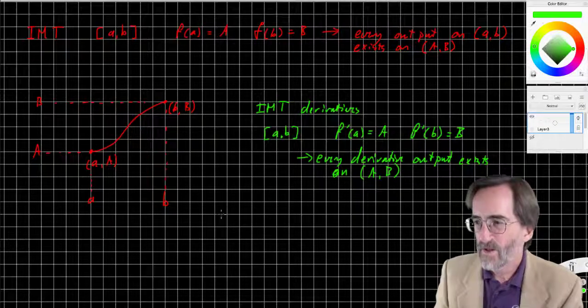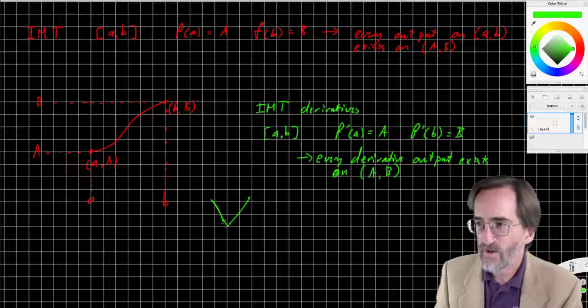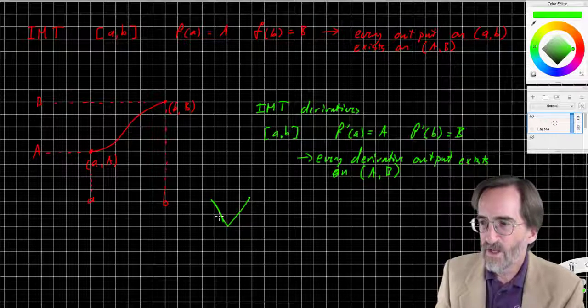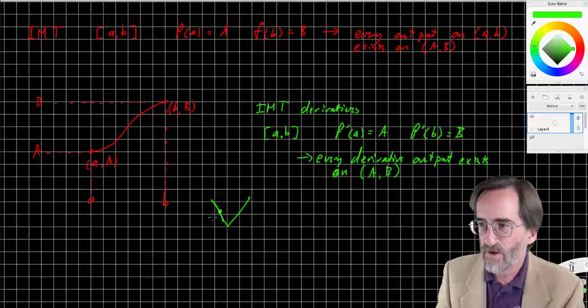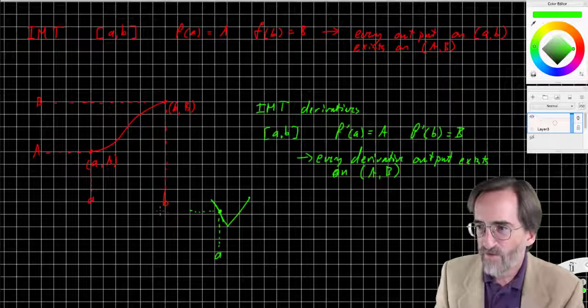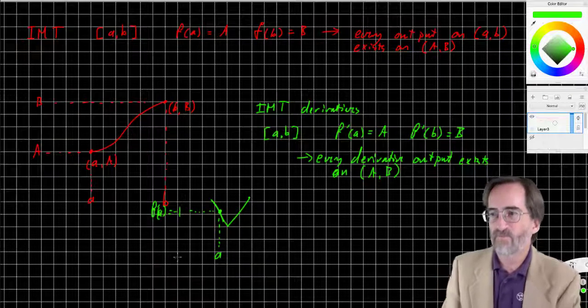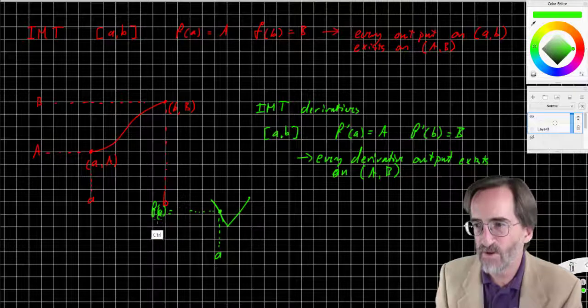Let's take the absolute value function. Let's say I have some function here, some point here, some value a, and f prime of a seems to be about -1. Let's say it's -1.